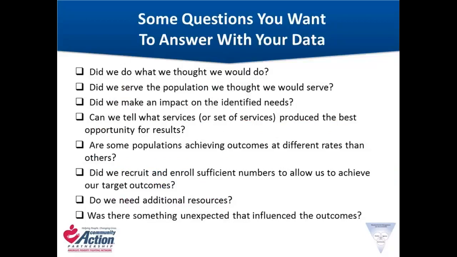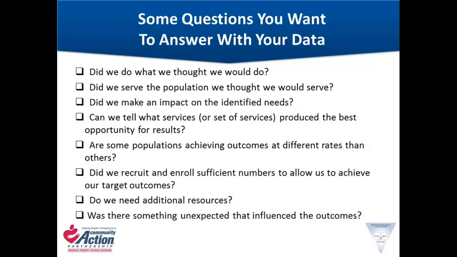It's not good enough just to get a report that has numbers, but you have to be able to say whether that report tells you that you've done what you thought you would do. There are a number of other questions on this slide that we're going to talk more about at some other point, but looking at the last two: does our analysis of the data show that we need some additional resources in order to make our activities successful?